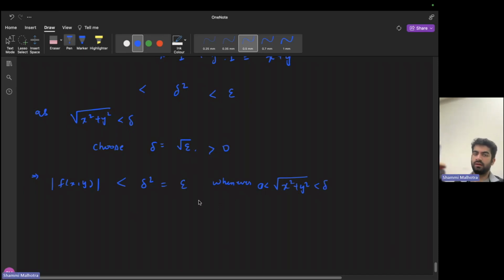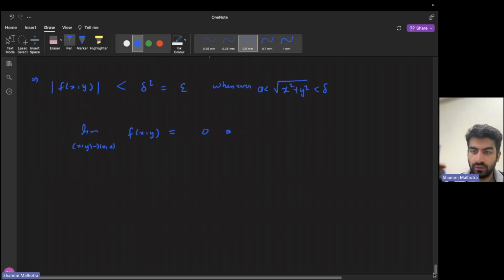Okay, so that basically tells that the double limit exists and equals 0. So I have the limit as (x,y) tends toward (0,0) of f(x,y) equal to 0.